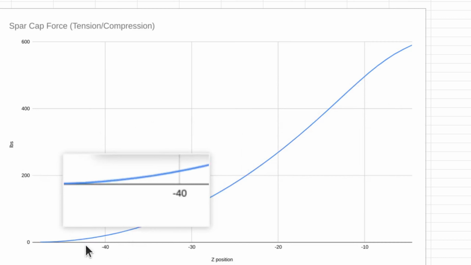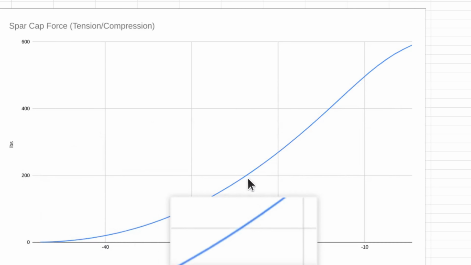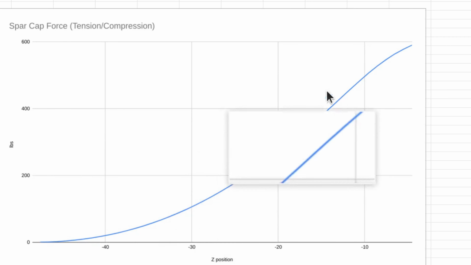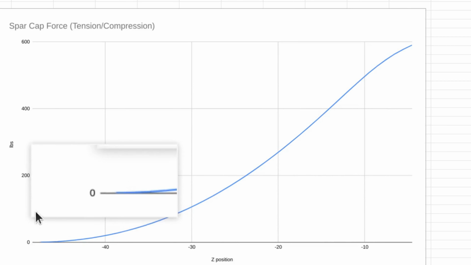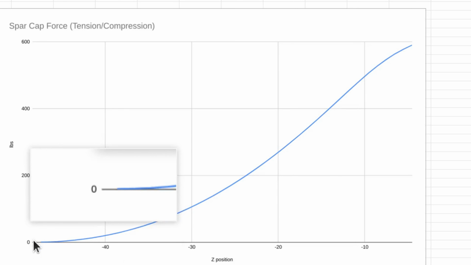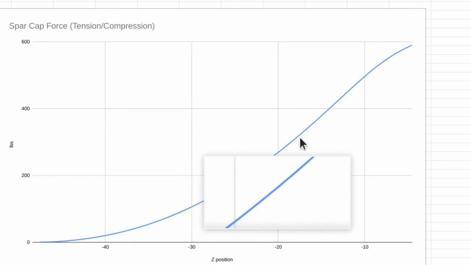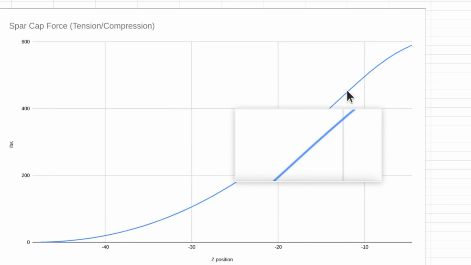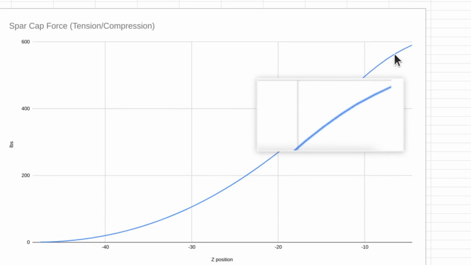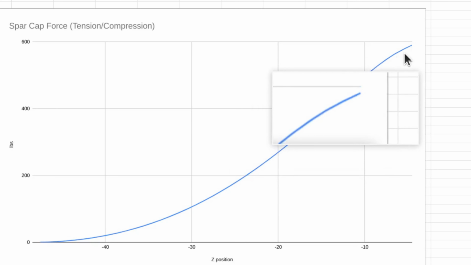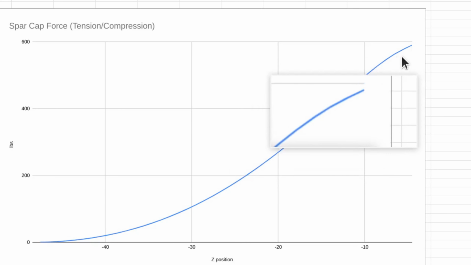This looks like a fairly typical tension and compression load as you go across the span of the vertical tail. Of course, there's no moment out here at the tip, so compression and tension are 0. So it rises fairly typically until it gets to about here. And then it starts to kind of taper off here at the end, which is unusual for main wings on an airplane.